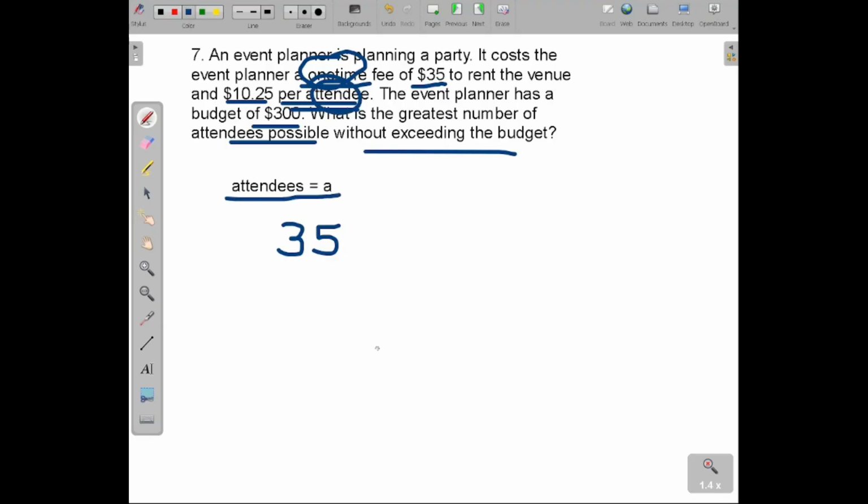Let's say that attendees will be equal to A. So this 35 plus 10.25 times how many attendees are going to the party. We do not know. That's what we are looking for. And these two fees have to be less or equal than 300.